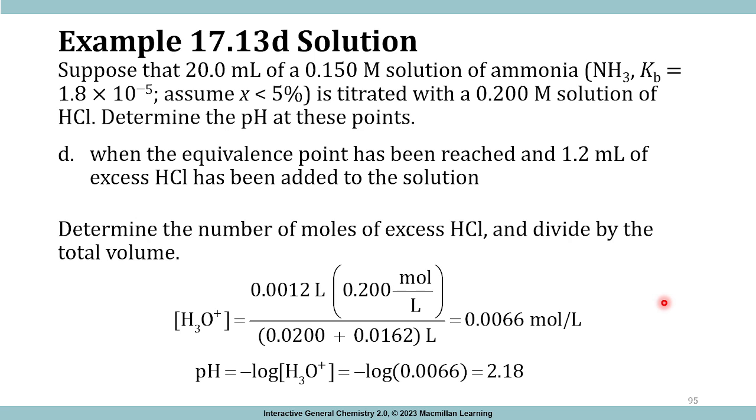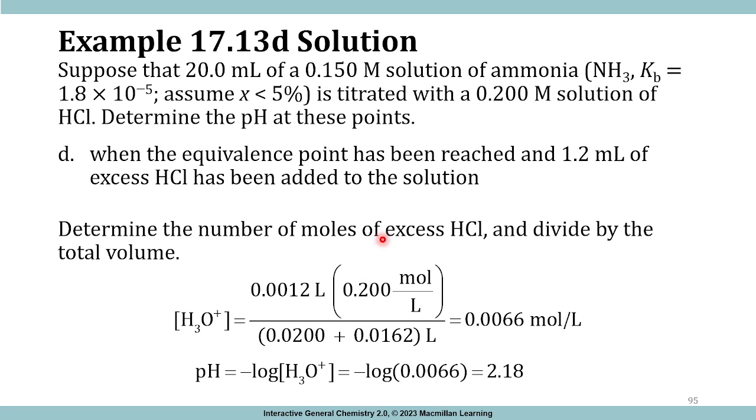So when the equivalence point has been reached and 1.2 milliliters of excess HCl has been added to the solution, remember that this is again just a dilution problem. We have an excess 1.2 milliliters of the HCl. We're diluting that down because now we're putting it into a lot more volume, aren't we?